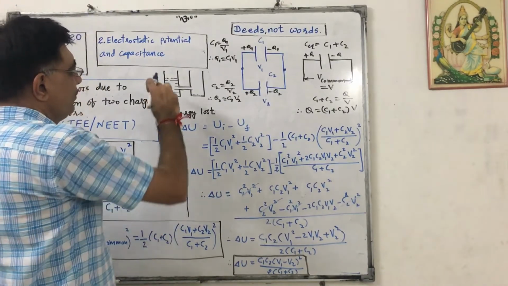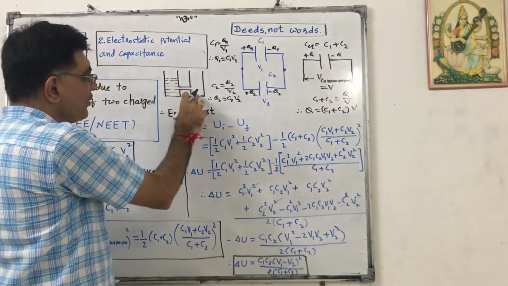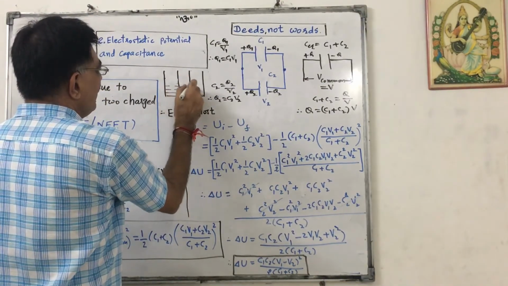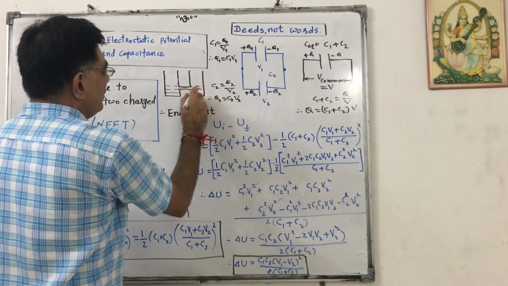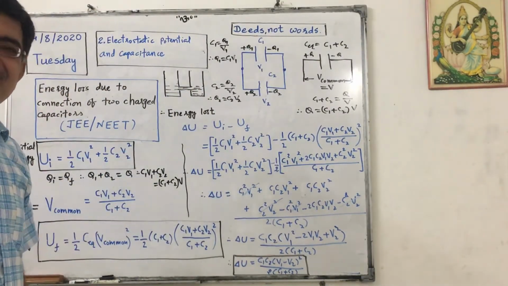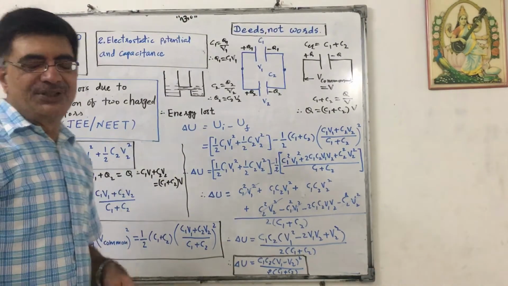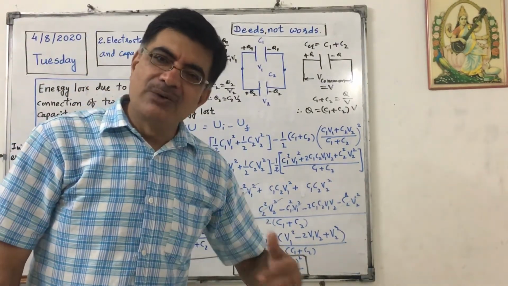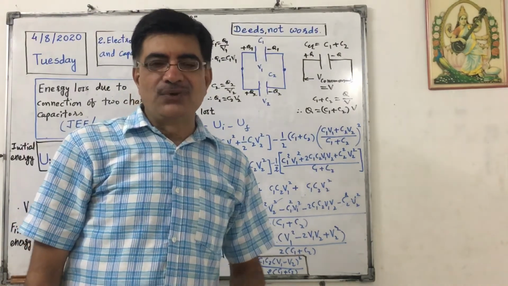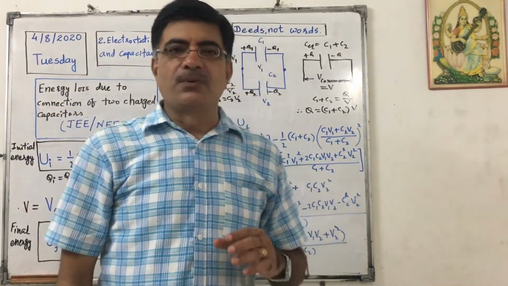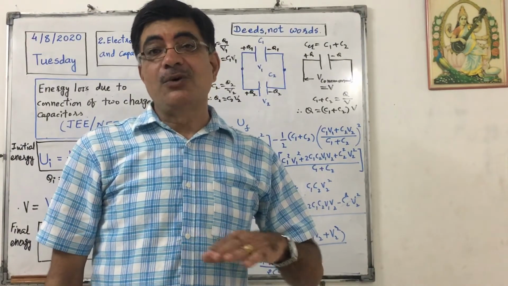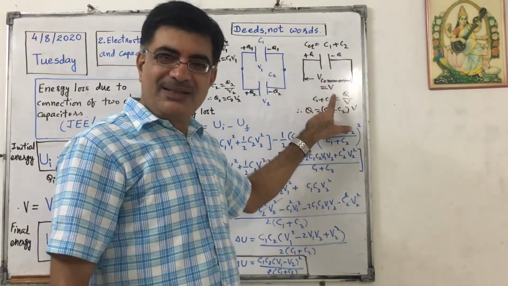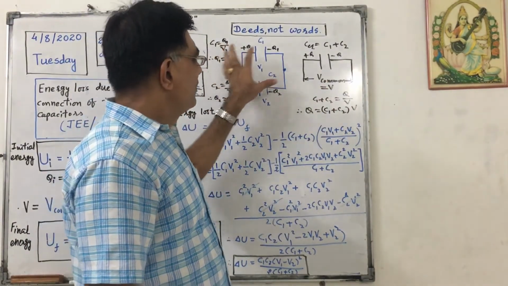Water will flow from higher level to lower level, and finally when the levels become equal, that level will be maintained. Similarly here, charge will flow from higher potential to lower potential, and the flow of charge will stop when potentials become equal. That is V common, or say V. So these are the figures.